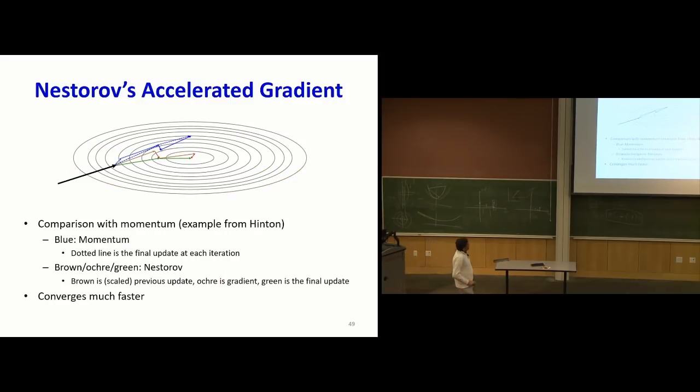And so how does momentum compare with Nesterov's method? This example is adapted from something Hinton had online. I have the colored chart over here showing you Nesterov's method, and the blue one showing you the standard momentum method. Both of them are going to be much faster than simple gradient descent. Over here, the gradient is always orthogonal to the equal value contour.